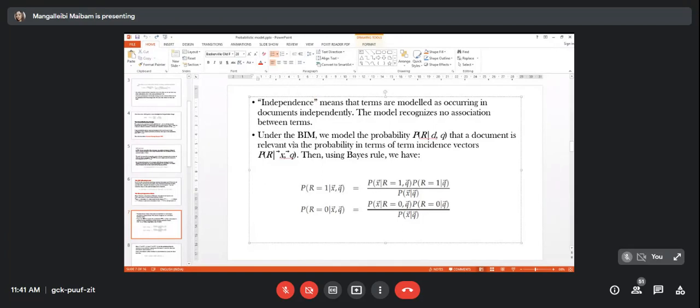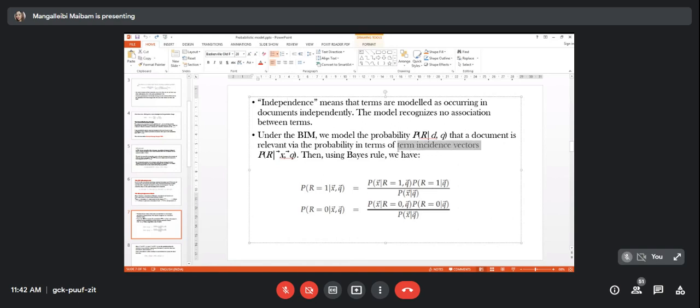So under the binary independence model, we will be modeling the probability of a document being relevant to the query in terms of term incidence vectors.